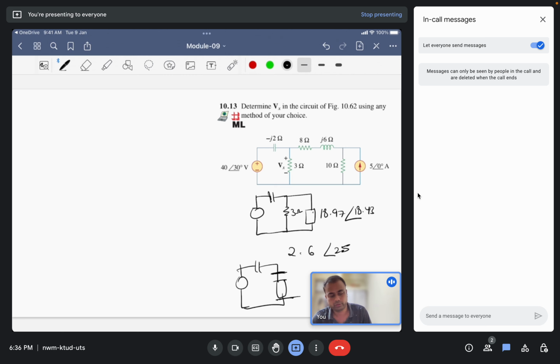So as per the voltage division rule, Vx1 is equal to, the impedance of the load, that is 2.6 angle is 2.5, divided by the sum, that is the capacitor minus 2j plus 2.6 angle is 2.5, and the total voltage is 40 angle 30 degrees.